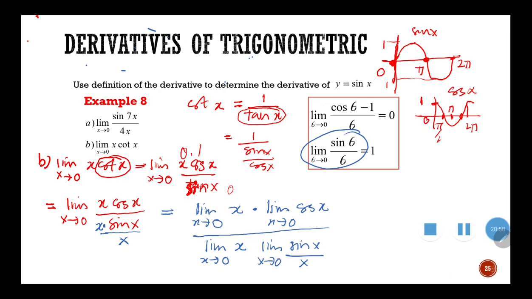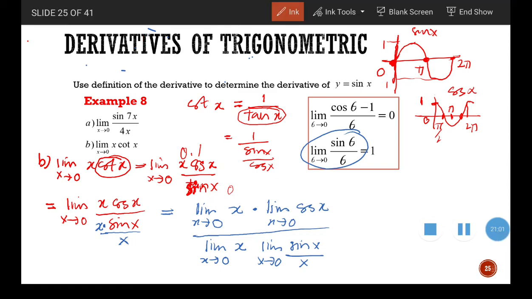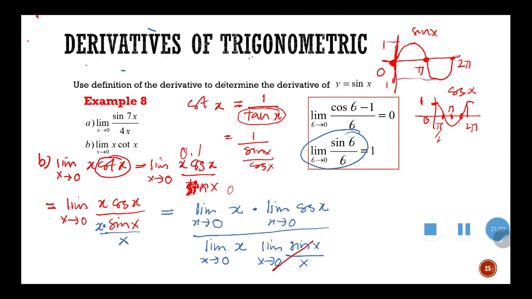So you see here, this thing definitely will become 1, and this limit of cos x as x approaching 0 is equal to cos 0, which is 1. Right? Okay, cos 0 is 1. If you substitute here, of course you get 0 over 0.